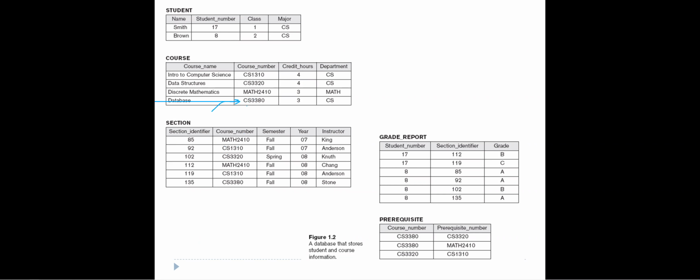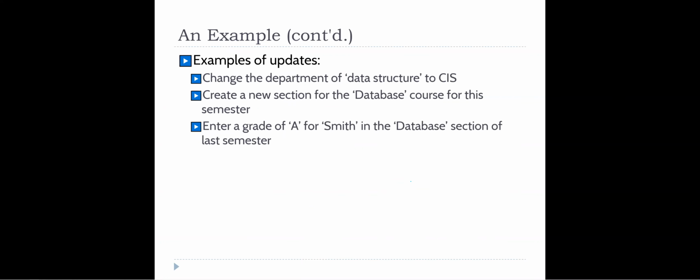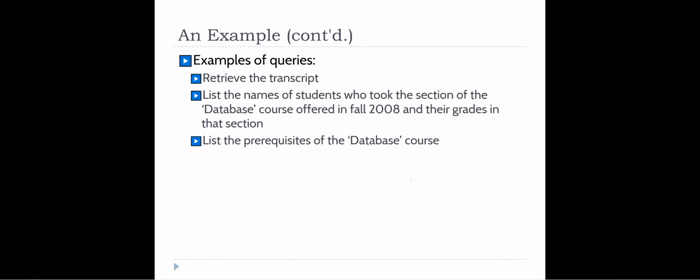So the database course number is CS3380, which is this one here, and this section is 135. Let's go to here. Who took 135? Only one student, whose student number is 8, which is Brown. So Brown was the only student here who took the database course in fall 2008. And he got an A. Okay, this is also a query. So I'm just asking, I'm not changing anything.